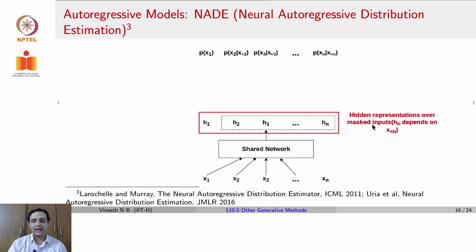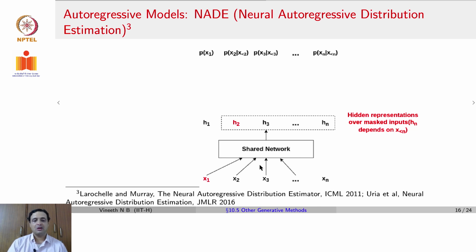That is, hn, which is one of the nodes here, depends on all the x's less than n. So here is how it's done. x1 would only be considered to get h2, x1 and x2 would be considered to get h3, x1, x2, x3 and so on, all the way till x1 to xn minus 1 are considered to get hn.